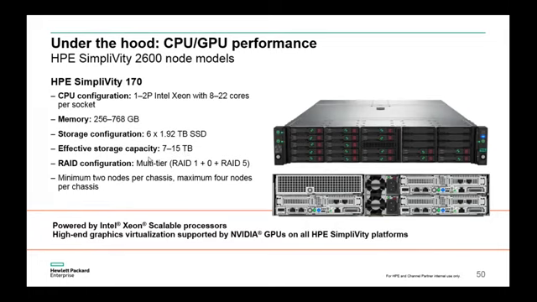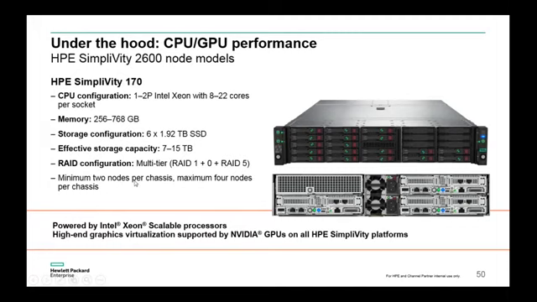I'm saying 10 to 1, but we have seen customers achieving data efficiency of 50 to 1 on average, and even some customers achieving 100 to 1. So if I assume 100 to 1, it means 7 x 100, so 700 terabytes in a single node, which is a big capacity saving. The RAID configuration is multi-tier RAID 1 plus 0 plus RAID 5.